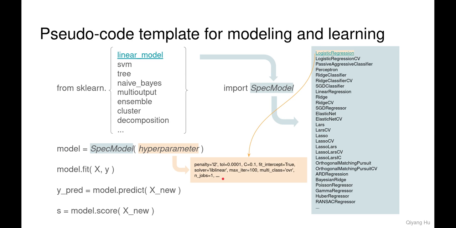There are a whole bunch of them, and you can get the detailed information from their documentation page. Don't worry about that, because in my personal experience, the default hyperparameter values provided by Scikit-Learn are very practical. So you are pretty okay to start with all those default values, and then see how it goes.